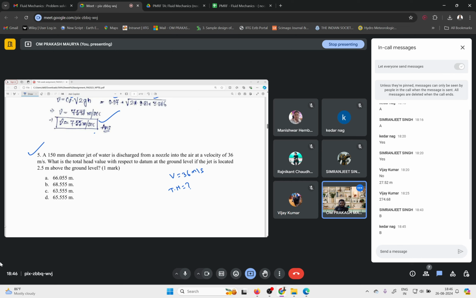Okay, Kedarnath is also telling B. Okay, now I want to show you the calculation part also.